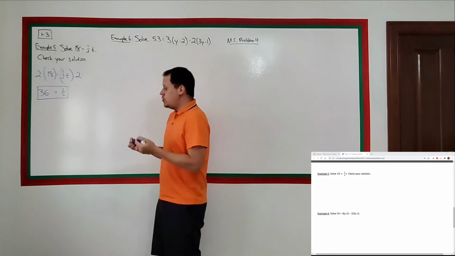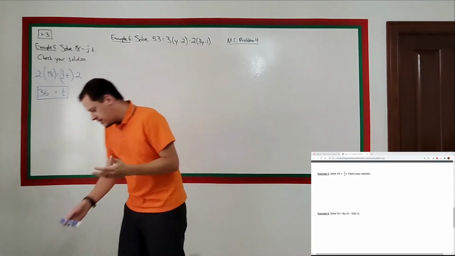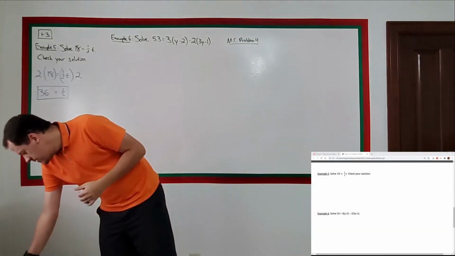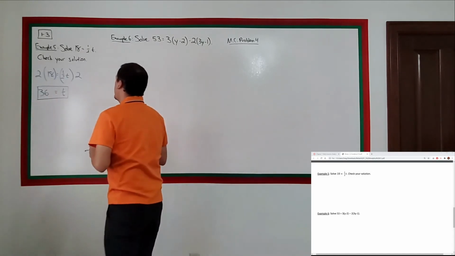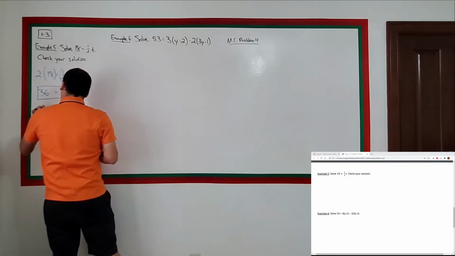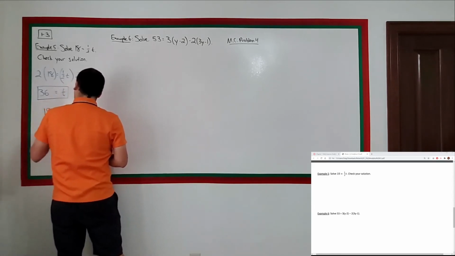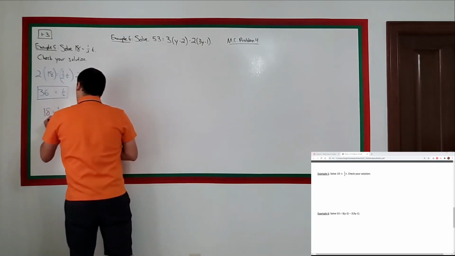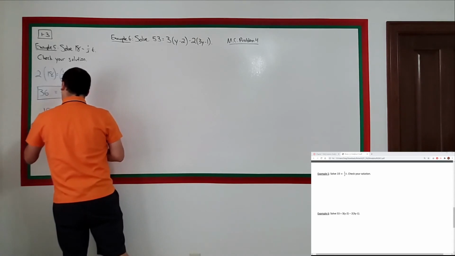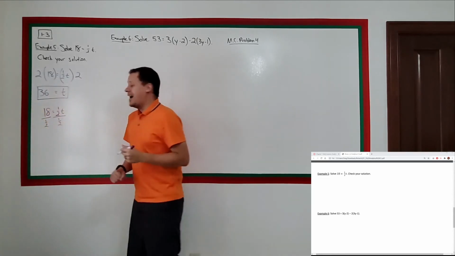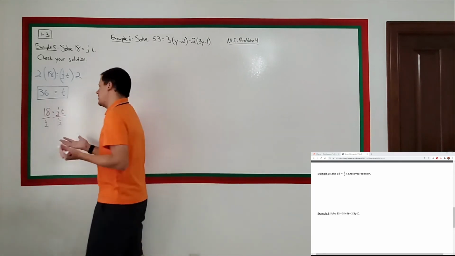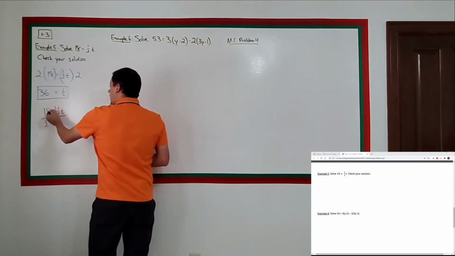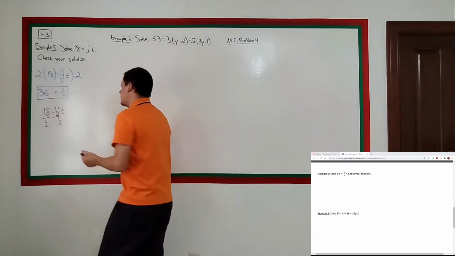If you were a little more comfortable with your fractions, another way you could do this: if you had 18 equals 1/2 t, you could divide both sides by 1/2. I'm not recommending this for you guys, but if this is easier to you, fine. The 1/2s on that side are going to cancel out.